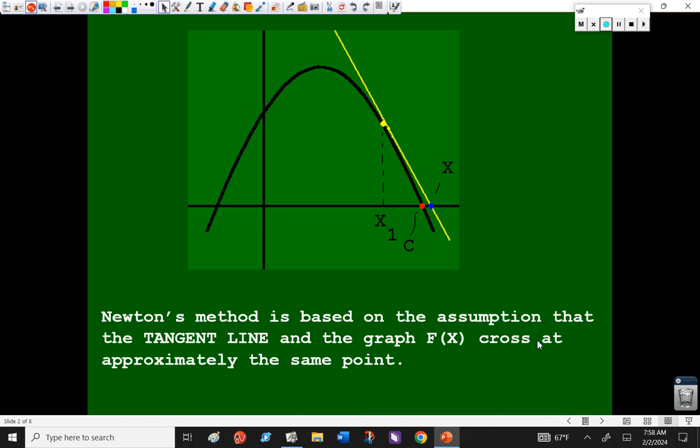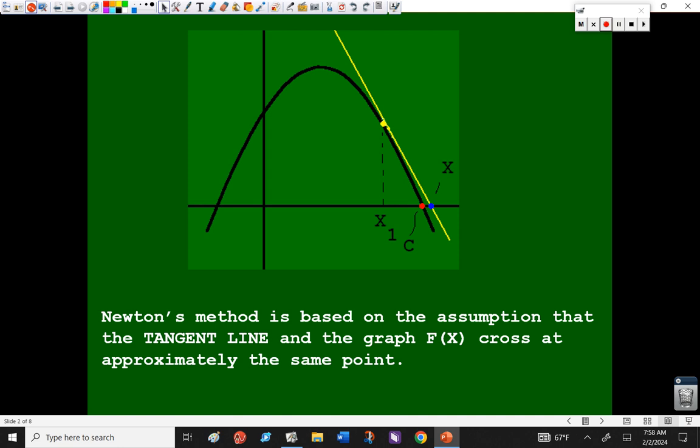Let's look at a graph of this right here, and we have a tangent line. That yellow line is the tangent line, and that tangent is tangent at x sub 1, which is right there. Newton's method is based on the assumption that the tangent line and the graph of f of x cross at approximately the same point. Tangent lines and the actual function it's tangent to cross around the same place on the x-axis.